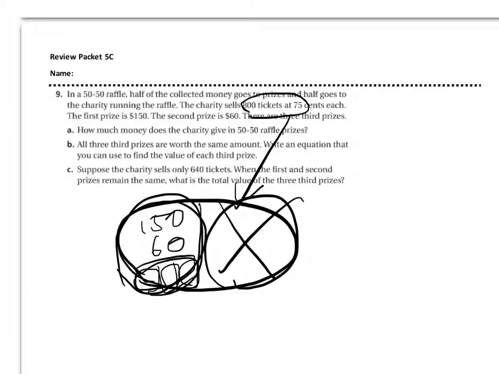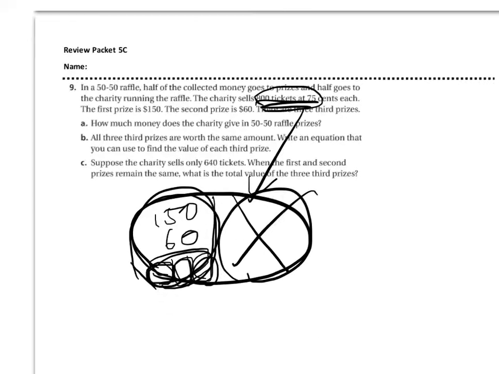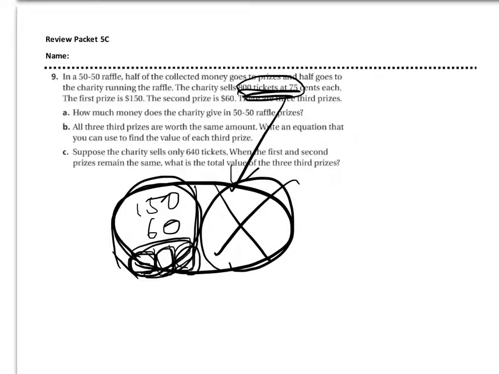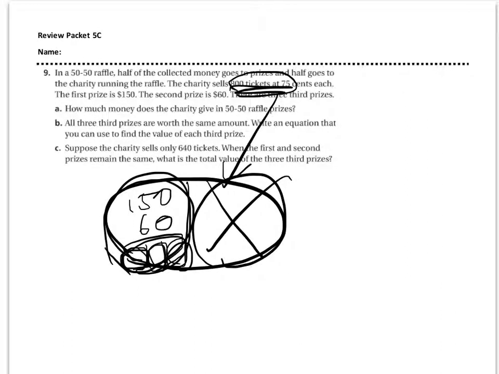So it really depends on how many tickets they sell. The more tickets they sell, the higher the third prize will be, obviously, but if they don't sell that much, the third prize is not going to be that much.